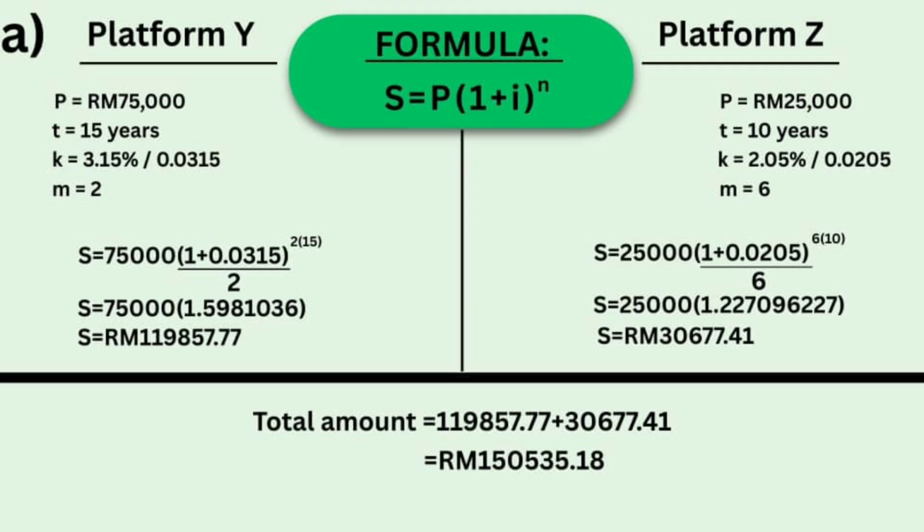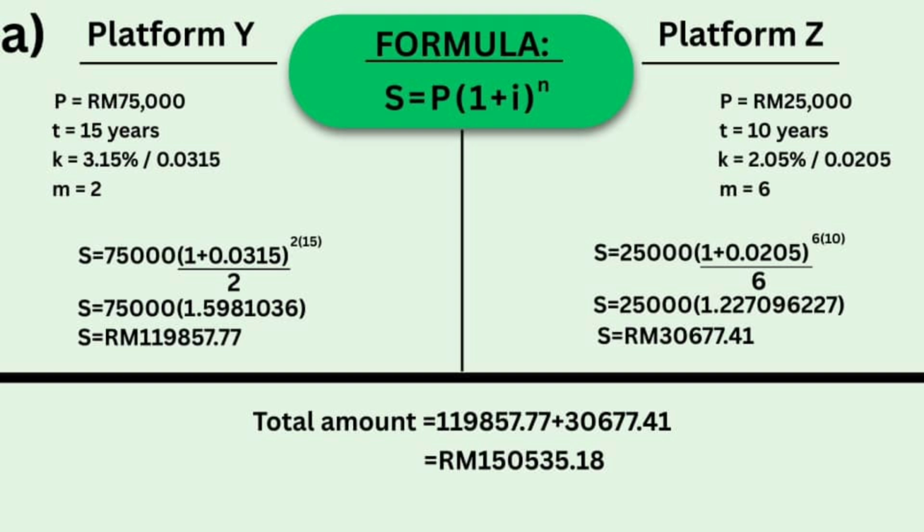For this question, we use the formula S equals P, bracket 1 plus i, bracket to the power of n. We extract information for platform Y and Z like this. For example, platform Y: P 75,000, T 15 years, K 3.15%, M 2.